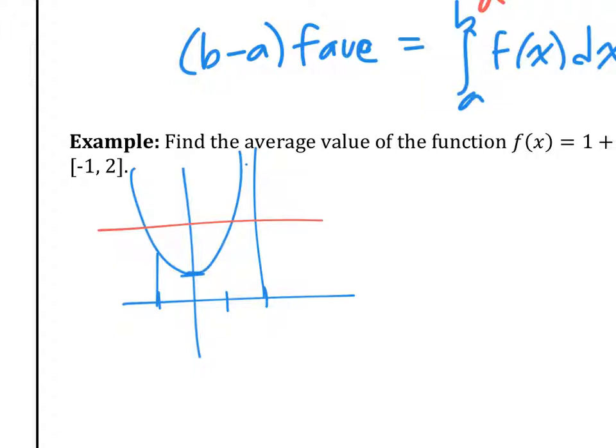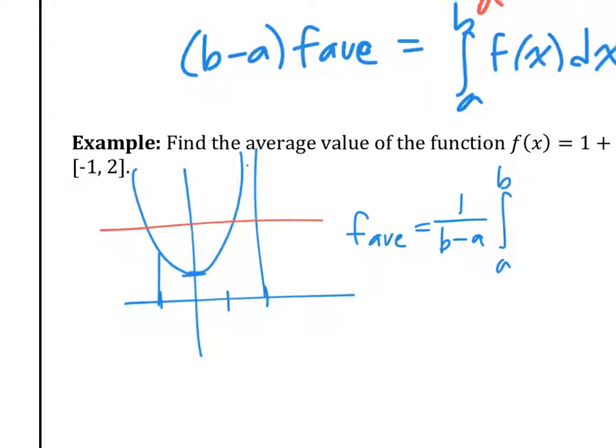So what you're going to do is use the formula. F average is equal to 1 over b minus a times the integral from a to b of the function.